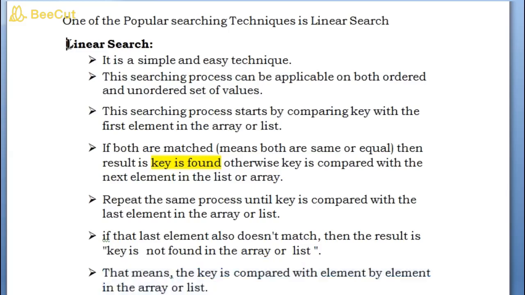Make a note of it. Linear search mechanism is also called sequential search mechanism. We are comparing key with the array elements one by one in a sequence, one after another.